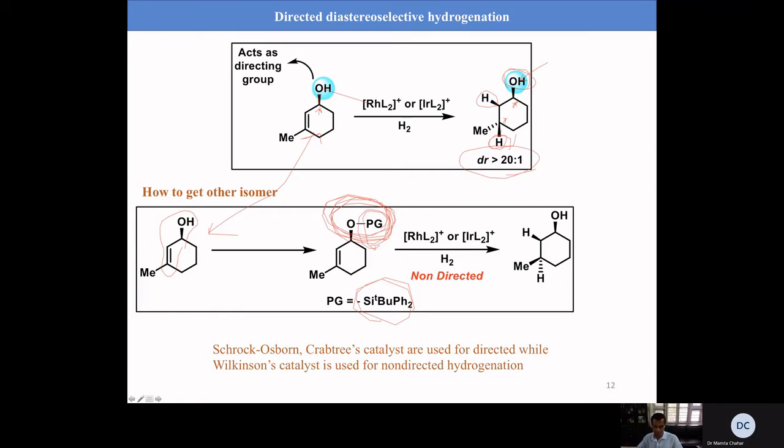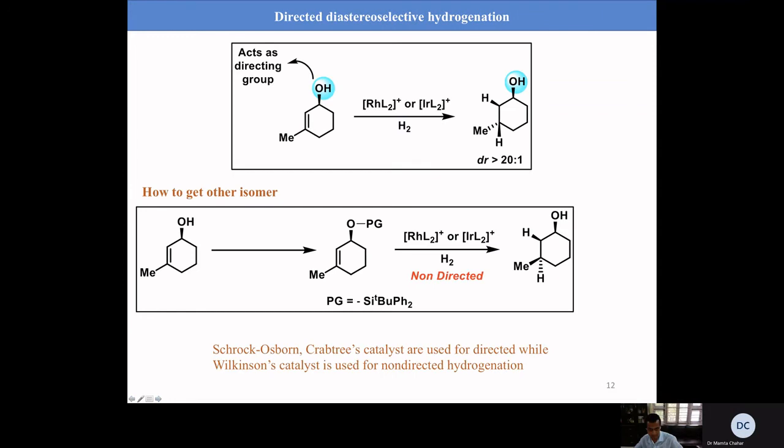This is a disubstituted bulky olefin, and then you see the hydrogenation reaction is now happening from below the plane. So this is the hydride, this is the hydride, two hydrogens coming from below the plane, as you can see. Previously, it was happening from above the plane.